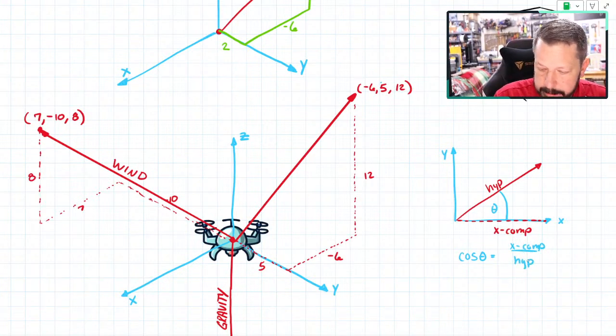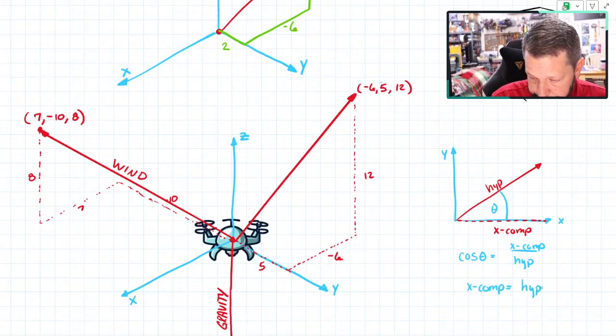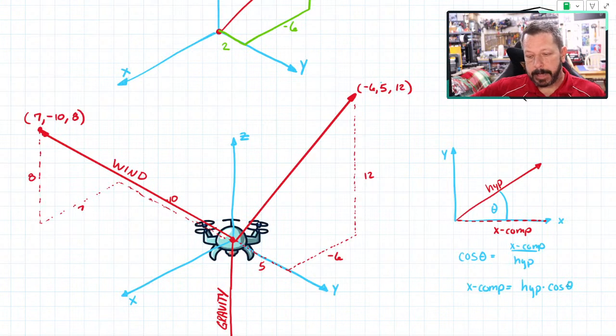And if I want to know the x component, which is usually what I want to do, it is equal to the hypotenuse, which is the magnitude of the vector, times the cosine of theta. Now, if we disassociate this from x and y and just say that it's an axis, the same thing is true.